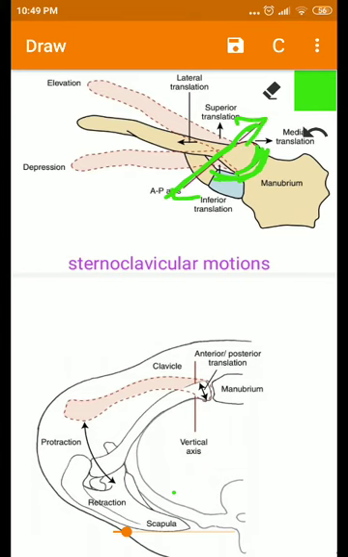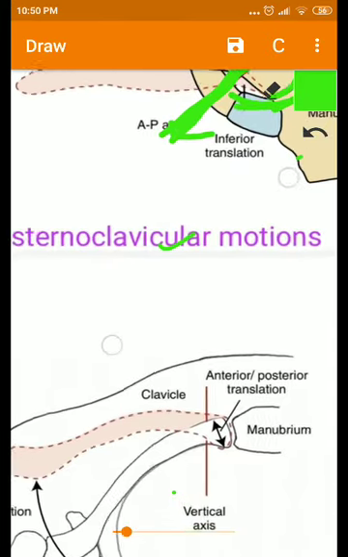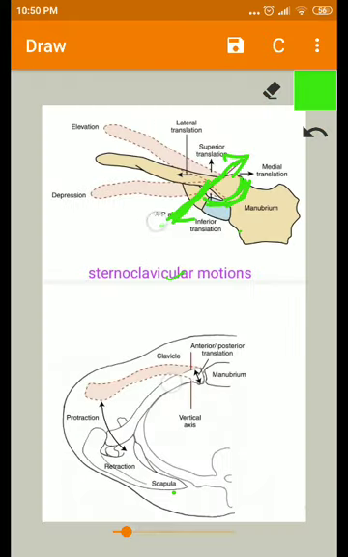If the movement is taking place around the AP axis, the movement is taking place in the coronal plane. The sternoclavicular axis is considered to lie lateral to the joint at the costoclavicular ligament.